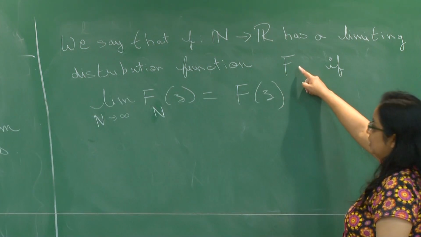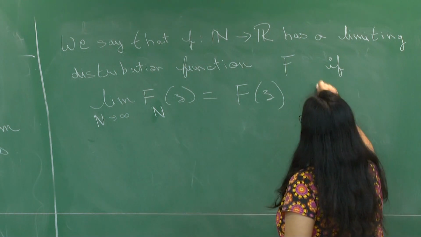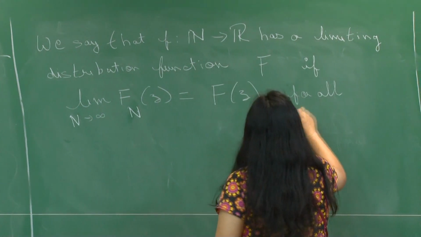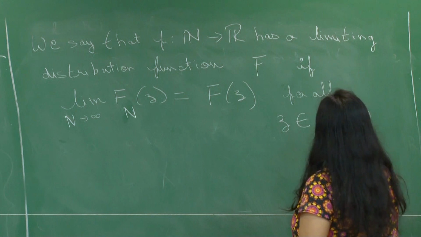So, if there is a function F which matches these limits for all z in C of F, what is C of F?